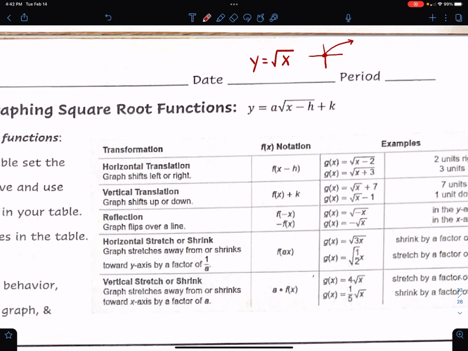All right, so when we're looking at transformations, there's a couple pieces that we're going to be considering. First, we're going to consider A. We are going to consider the H value. And we are going to consider the K value. A is going to tell us whether there is a vertical stretch or shrink.